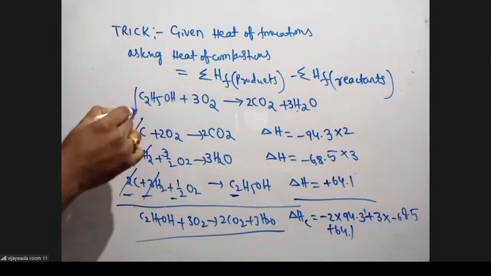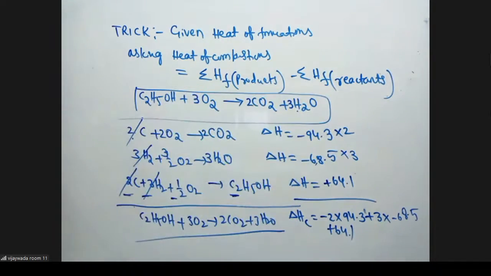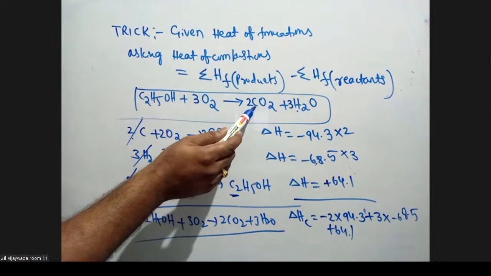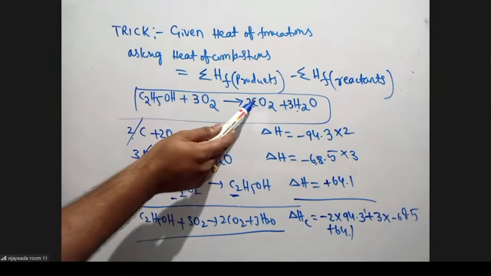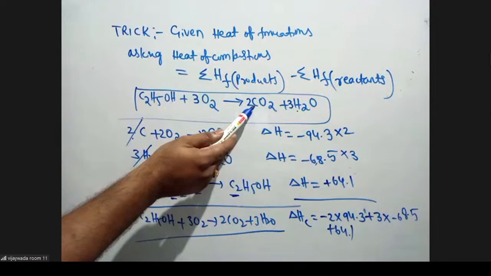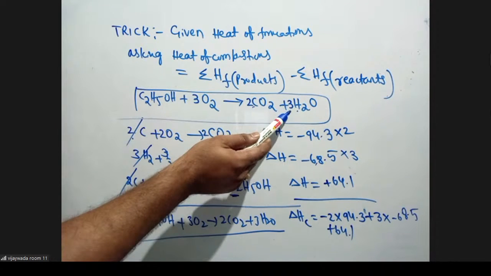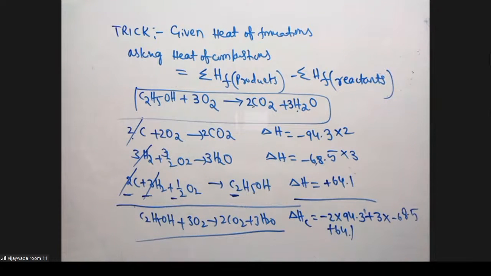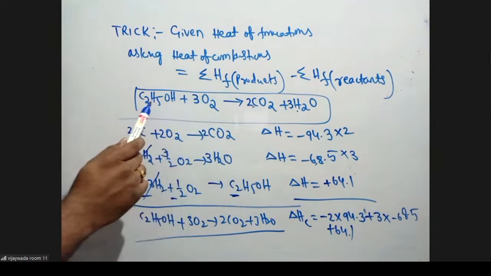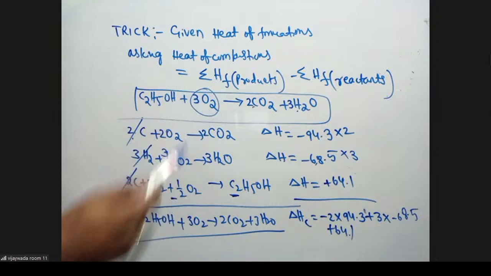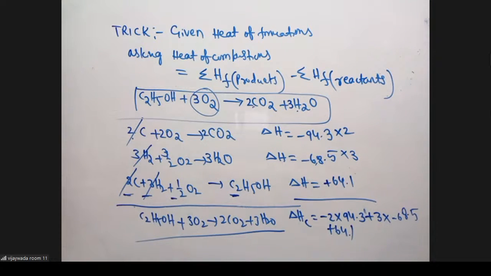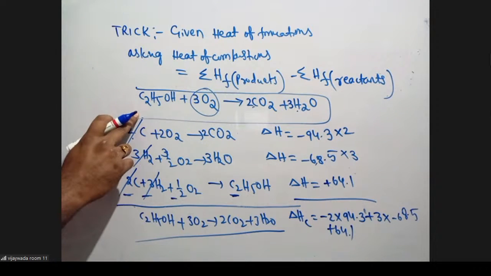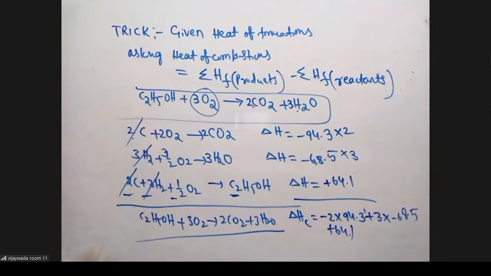So write the equation. First of all, in these equations, products are 2CO2, 3H2O. So 2 into heat of formation of CO2 plus 3 into heat of formation of H2O minus heat of formation of C2H5OH, and you will get heat of combustion of C2H5OH.